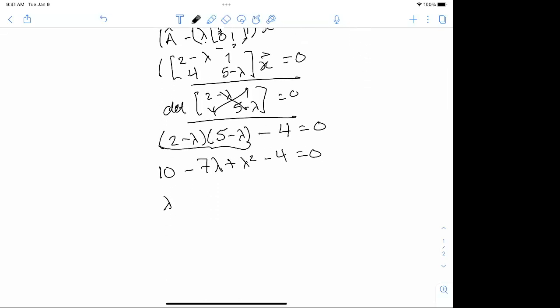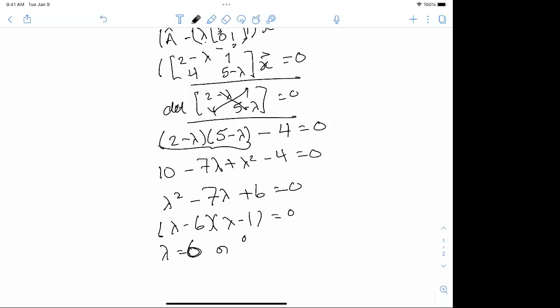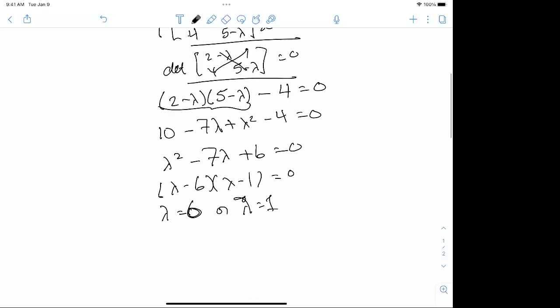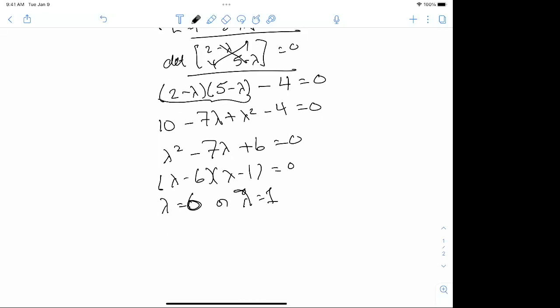Or lambda squared minus 7 lambda plus 6 equals 0. And I can factor that into lambda minus 6, lambda minus 1 equals 0, so lambda equals 6, or lambda equals 1. We can do the 3x3 case. Well, let's finish this. So here are my two eigenvalues, 1 and 6.